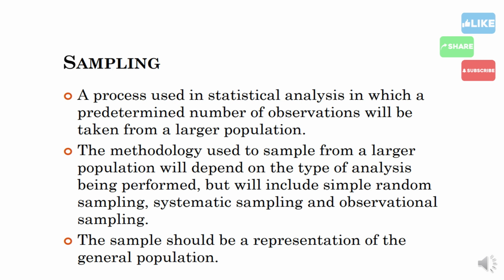It is a process used in statistical analysis in which a predetermined number of observations will be taken from a larger population, and the methodology will include simple random sampling, systematic sampling, and observational sampling. The sample should be a representation of the general population.